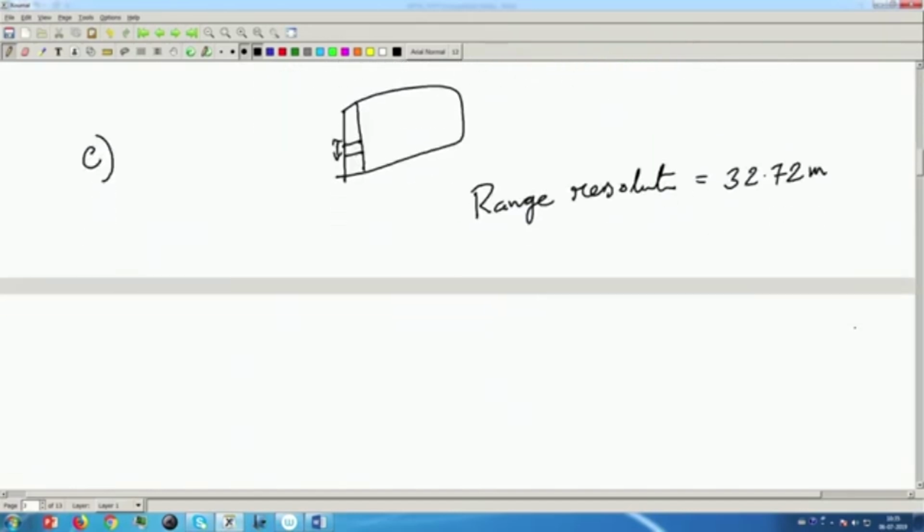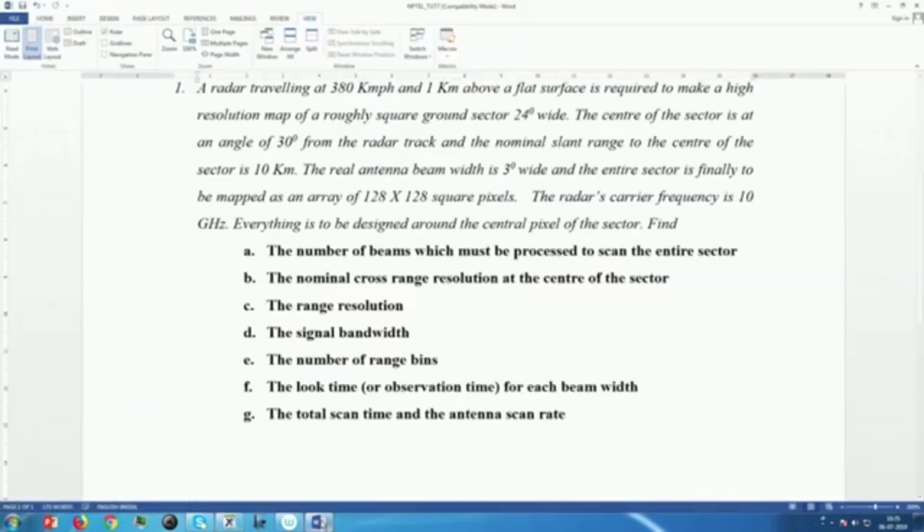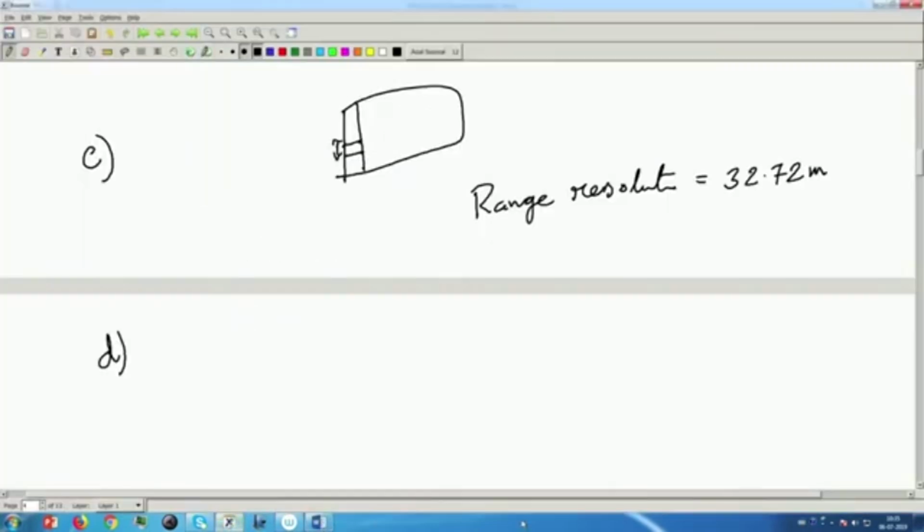Then let us come to part D. What is D? D is the signal bandwidth. Now, the moment bandwidth comes, pulse width will get involved.